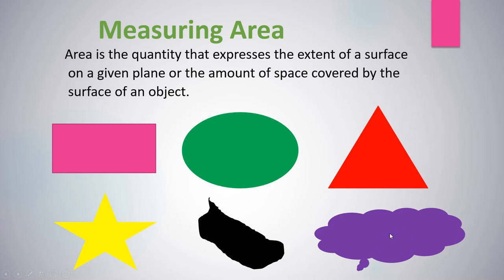For example, this one looks like a cloud and its shape is not defined. You cannot call it a circle, a rectangle, or a triangle. But their surfaces are covering a certain space, and that space is what we call the area.